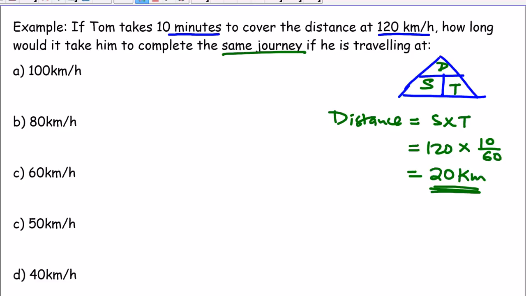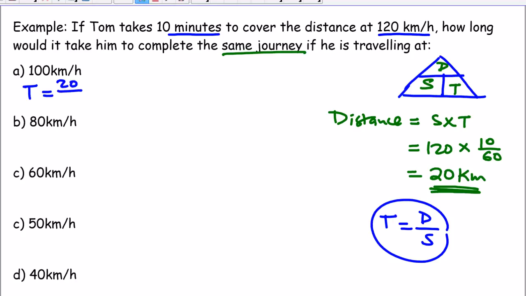For the first part, time will be equal to, we know of course time is distance over speed. So you're going to use that formula on the left. Time will be distance, which is the same all through, 20 over speed, which is 100.